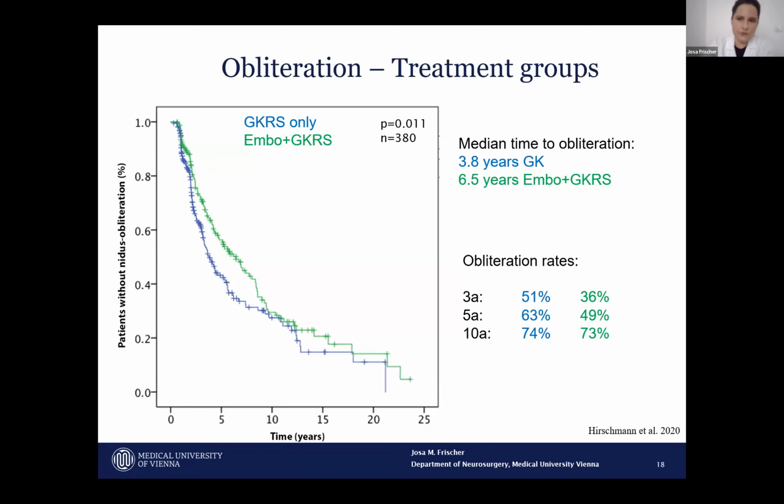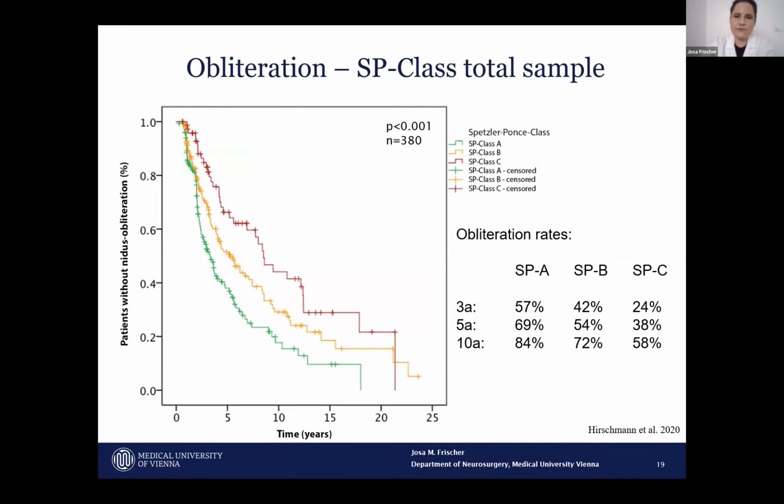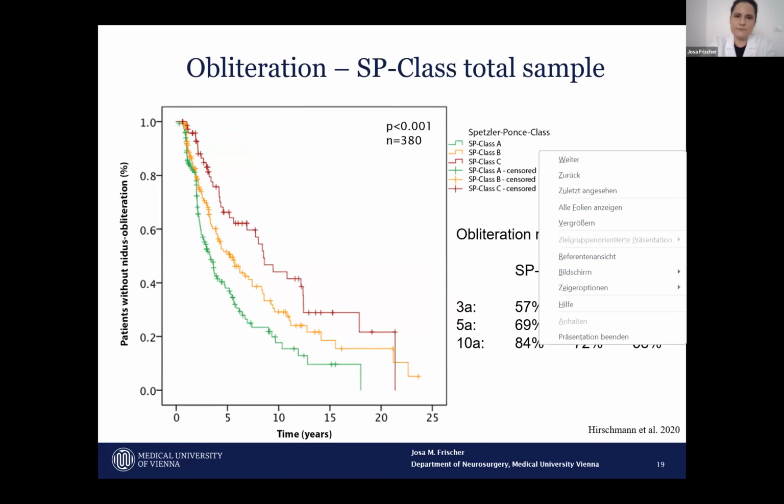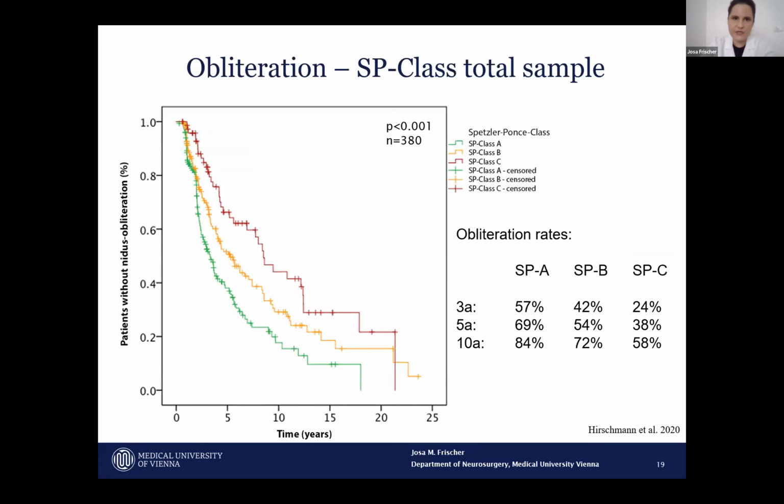However, there's also a bias, because the patients that were treated in a combined way were obviously the more complex patients. However, there is a very high percentage of obliteration rates. The obliteration per se is dependent on the Spetzler-Martin or Spetzler-Ponce class.